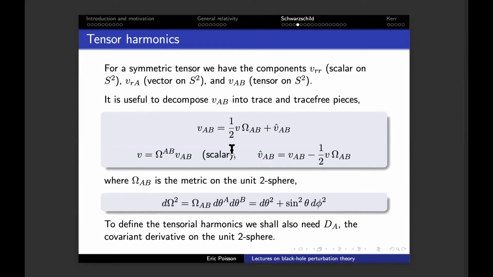I have a small question. Yep. So we are basically decomposing the perturbations into these scalar, vector, and tensor parts, right? Yep. So how do we know that we can decompose the perturbations into a scalar sector, a vector sector, and a tensor part?